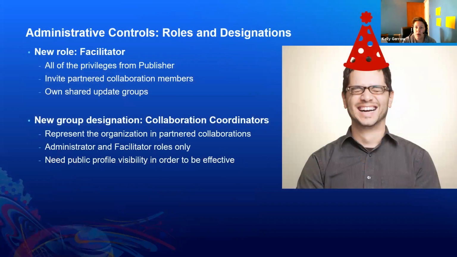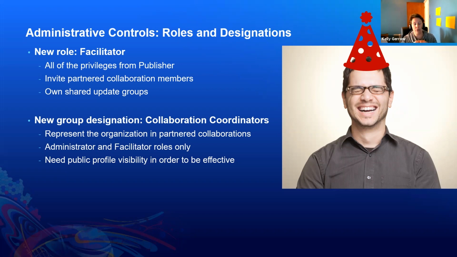So there's a couple new roles and designations that we're going to want to pay attention to with partnered collaboration. The newest role is the facilitator, and really what the facilitator is, it's a user role in the organization that comes with some additional privileges to the publisher, including the ability to invite partnered collaboration members, and also the ability to own and create shared update groups.